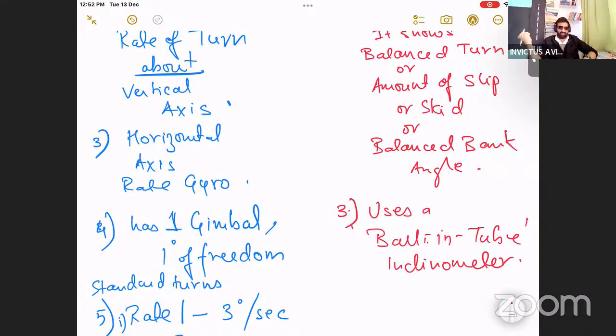Remember, slipping is when the ball is inside the direction of turn. Skidding is when the ball is outside of the direction of turn, outside.